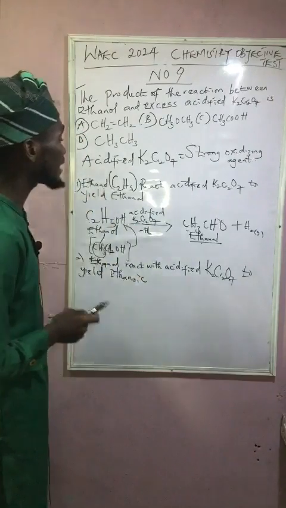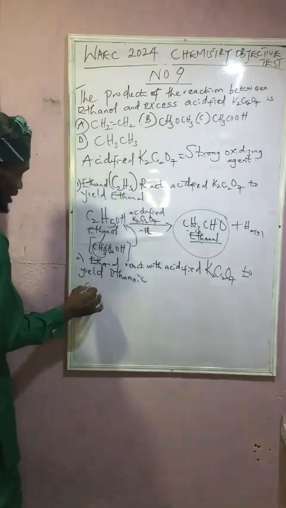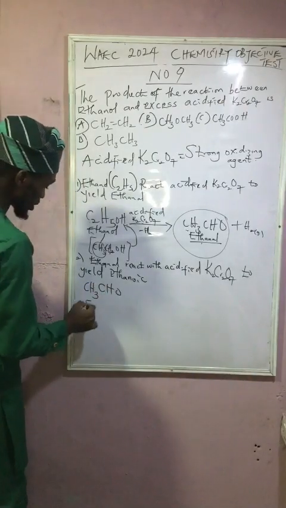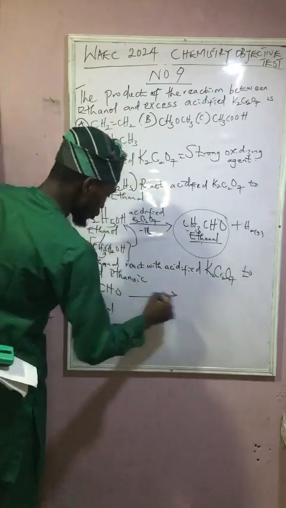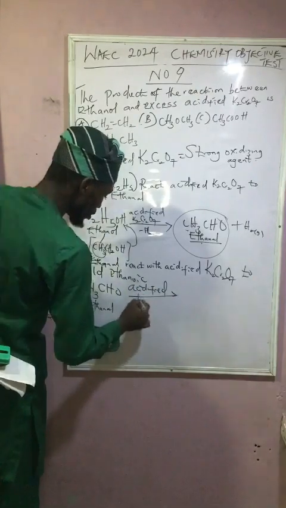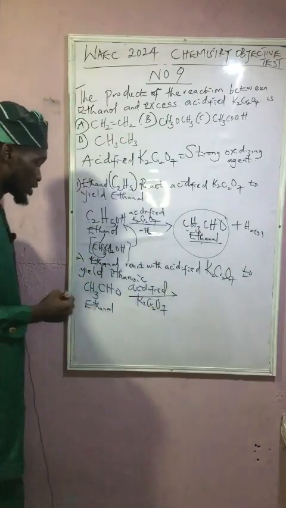So telling you directly that we are going to introduce, that is, the product here will be the what? The starting point here. So we have CH3CHO. This is what class? Ethanal. So we have acidified K2Cr2O7, which is what? Potassium dichromate.